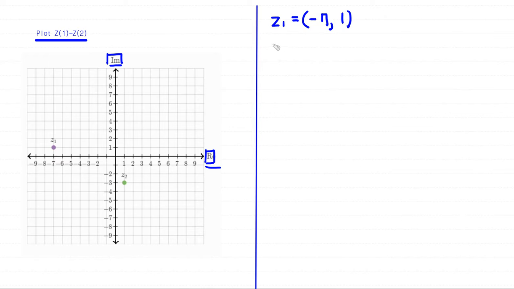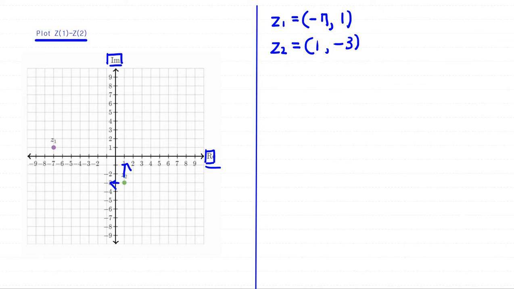If you look at the second point, which is z2, z2 is equal to, the real value is equal to 1, comma, the imaginary part, which is -3.